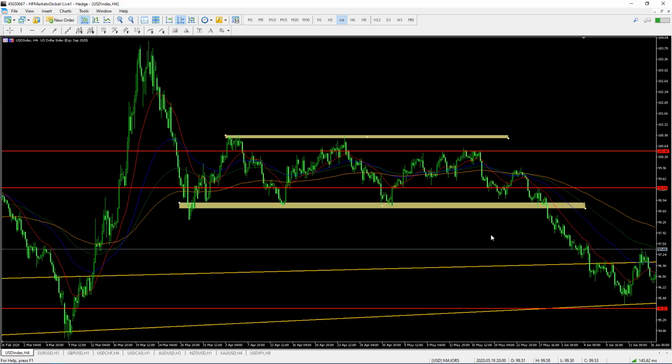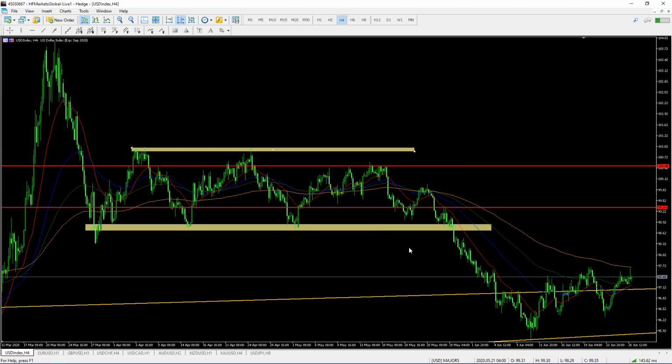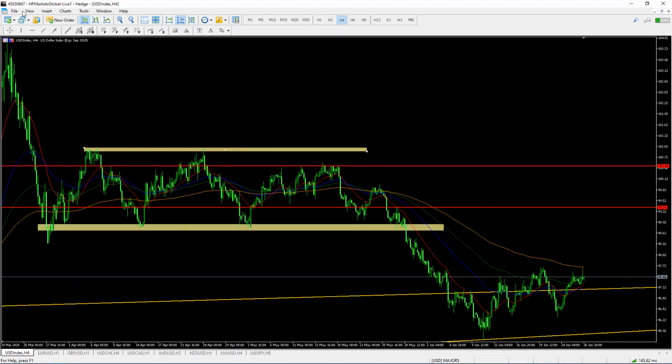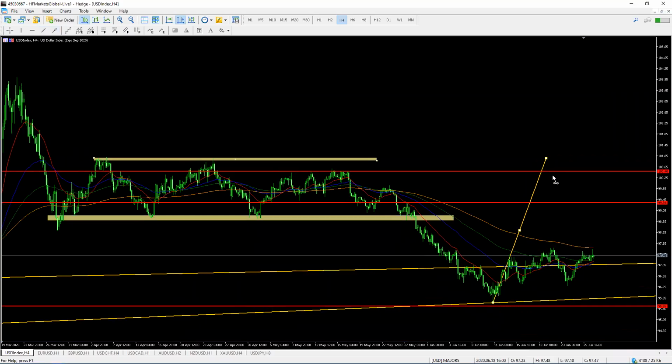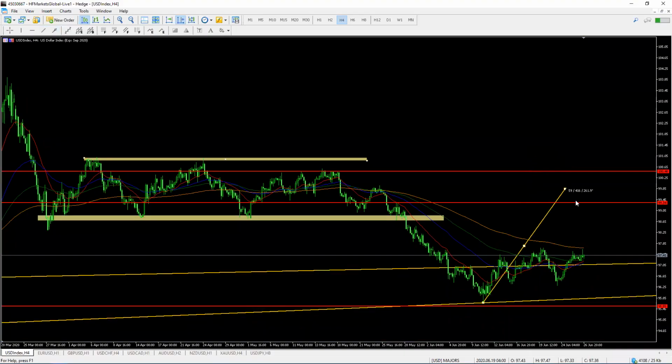Not the best, but yeah. Then hapa, do we have anything? Tuko na this lower point. So yeah, tuko na this point hapa. Then tuko na this point.